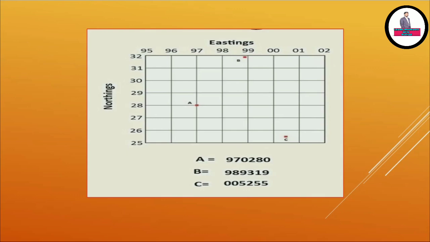So need to divide by 2. So it will be coming as 9. For northings, this left line is measured. So it will also be coming as 9. 18 or 19 also will be coming. Divided by 2, it will be coming as 9. So the 6 figure grid reference of B will be 982319.